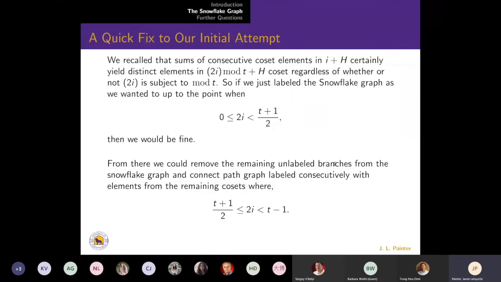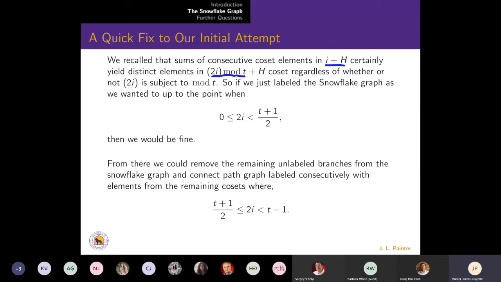And if we think about adding consecutive elements in the coset I plus H, then we get elements in this 2I mod T plus H coset, regardless of whether or not 2I is subject to mod T. It was just telling us which subcoset we were in that got confusing. It didn't match up if we actually had to take mod T on 2I.